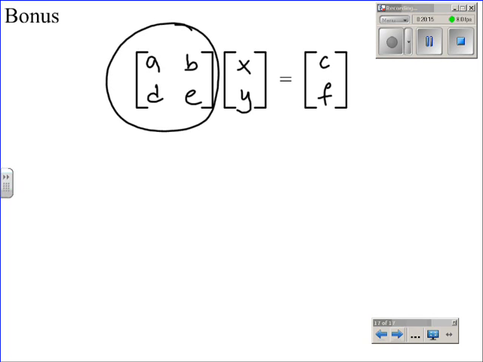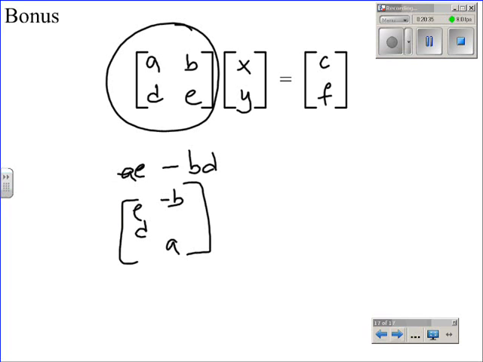First, we find the determinant by multiplying a by e and subtracting b times d. Then we switch a and e, change the sign of b and d, and multiply everything by 1 over the determinant. Then do the matrix multiplication.